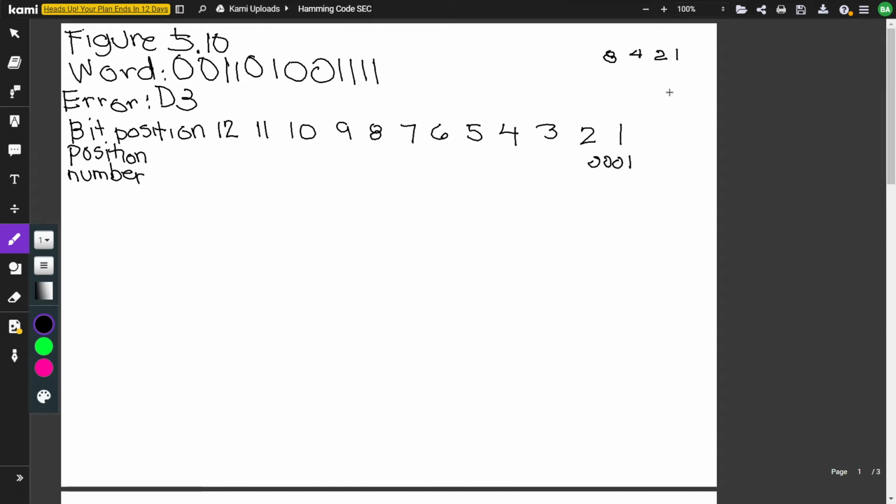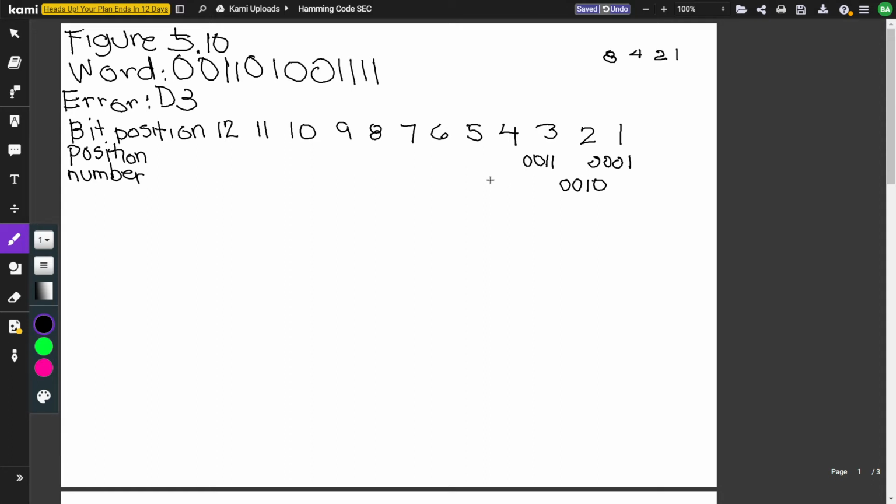Next, 2 is 0010, because the value of the second digit is 2. Then 3 is 0011 because 1 plus 2 is equal to 3.